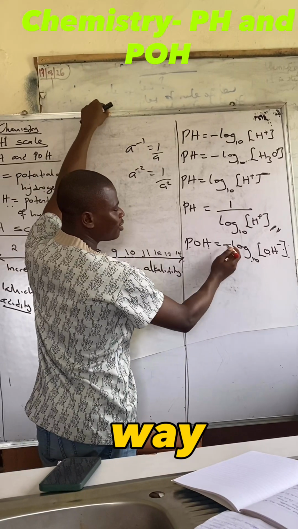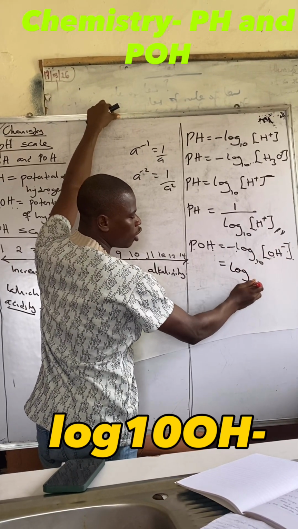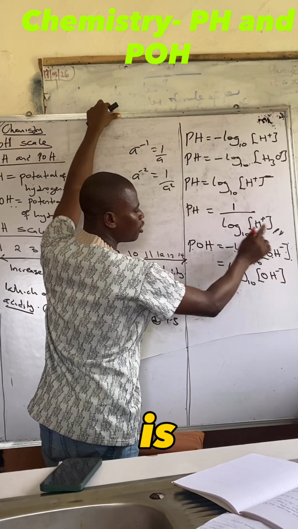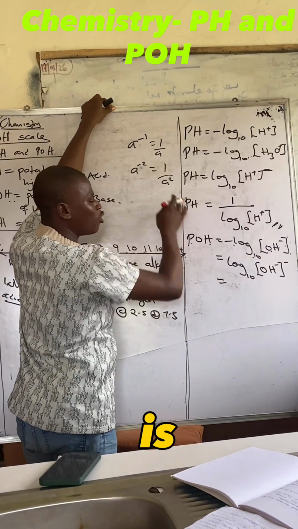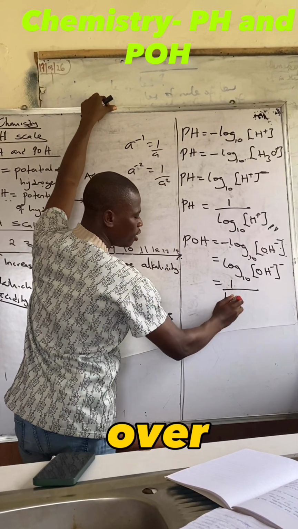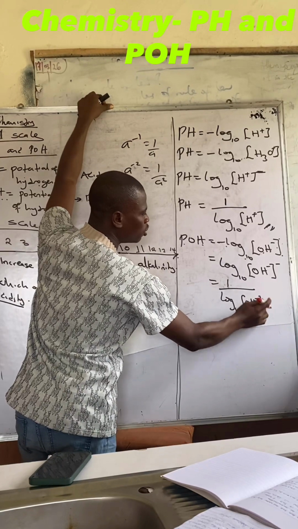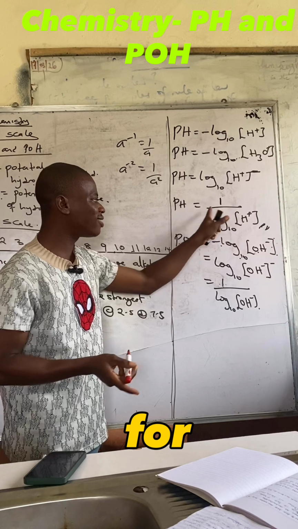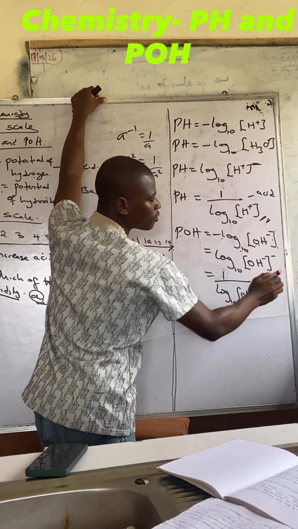The same way, take this minus to the top here, that is the law of logarithm, log 10 OH minus. Then the same way, having a minus is 1 over the number, 1 over log 10 OH minus. So this is what we have there for pOH. This one is for acid, while this one is for base.